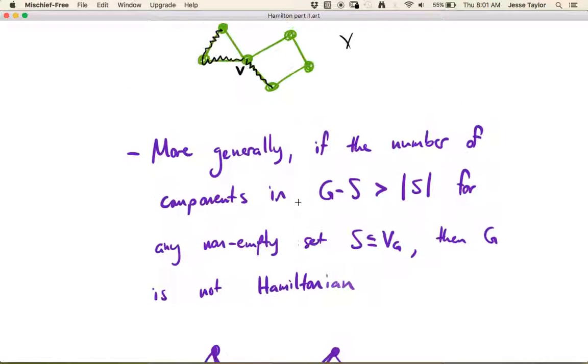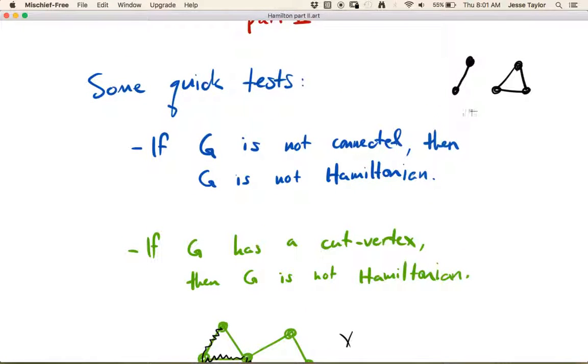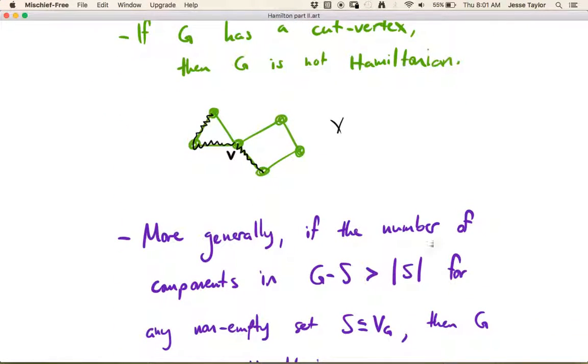So what's happening here is, in the first part, S is empty. You removed 0 vertices, but you have 2 components. Well, that's not okay. And then here, if we remove one vertex, the vertex V, we'll be left with 2 components. If we removed V, we would have this graph left.